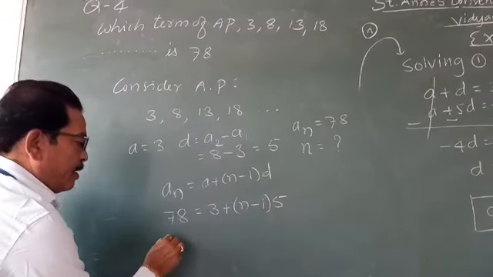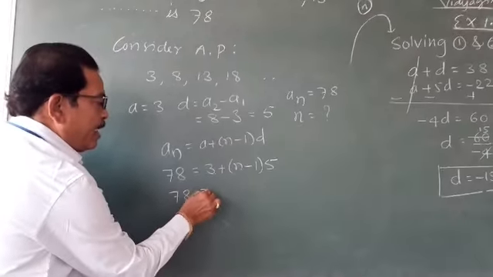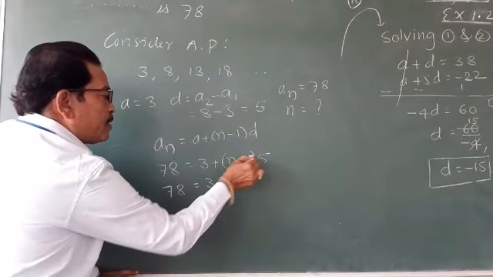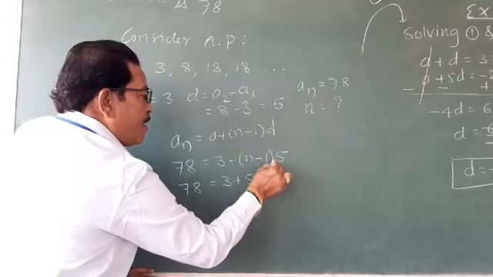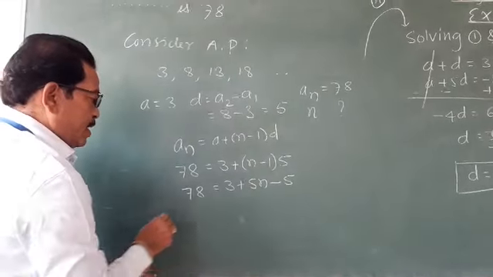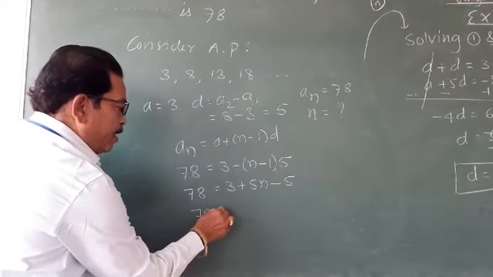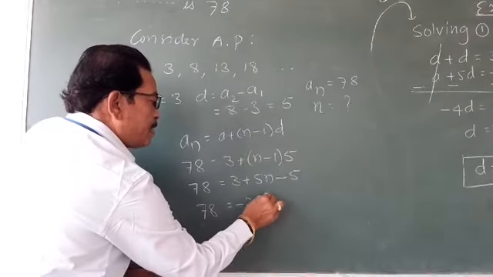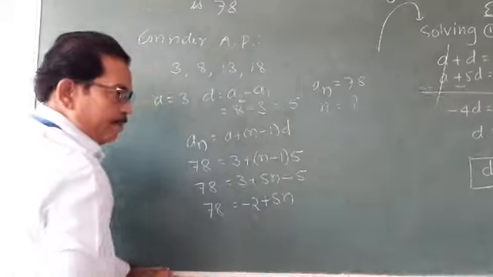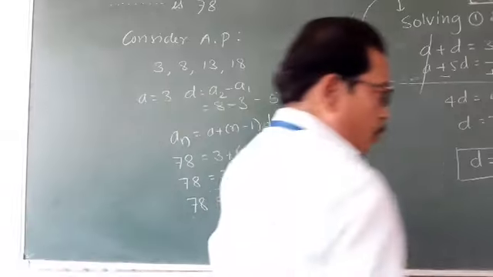Okay, let us simplify. 78 equals 3 plus 5n minus 5. 78 equals 3 minus 5, minus 2, plus 5n. Okay, let us move.